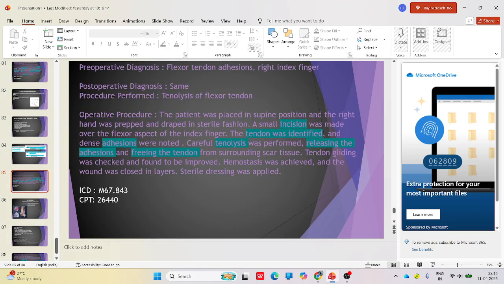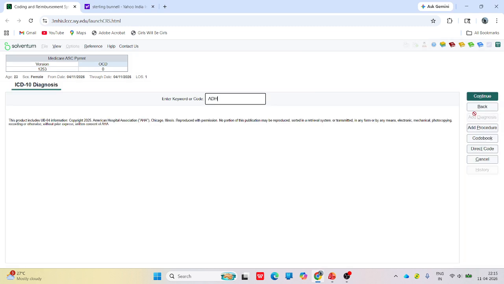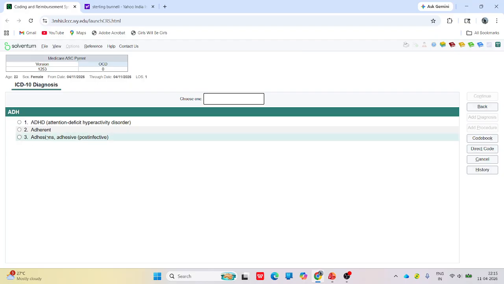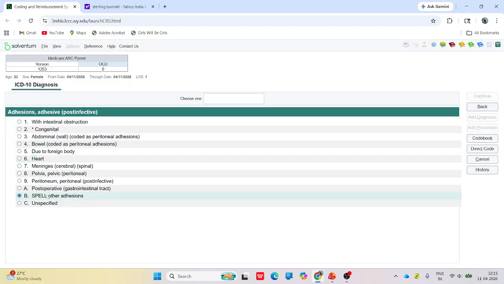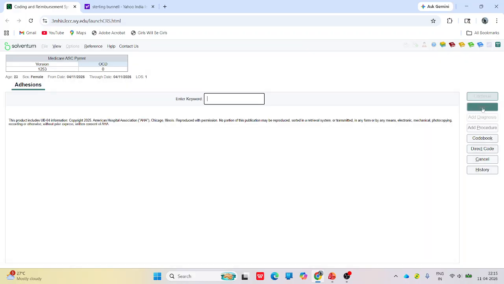So we'll navigate these. So here's an adhesion of the flexor tendon, adhesion of the tendon. Back.